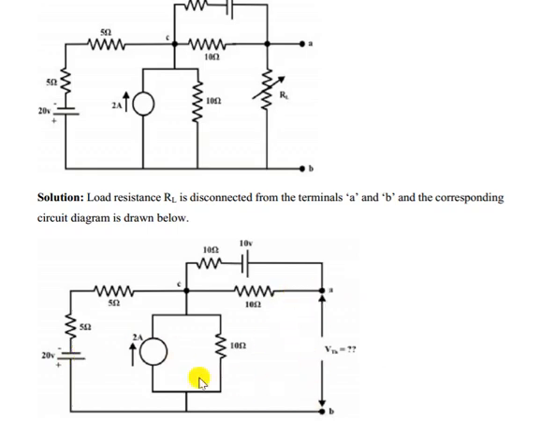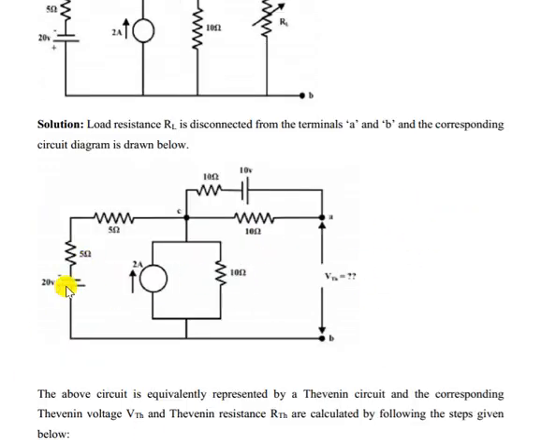the effective voltage here will be equal to the algebraic sum of the voltages by deactivating all but single sources. That means suppose only the 20 volt source is acting, these two are deactivated, then what is the voltage, plus if the 2 ampere current source is applied, these two voltage sources deactivated, what is the voltage here, then only the 10 volt source is activated, these two sources are deactivated, then what is the voltage.